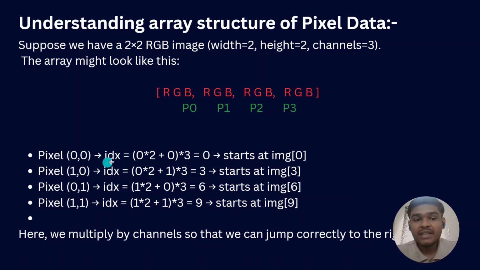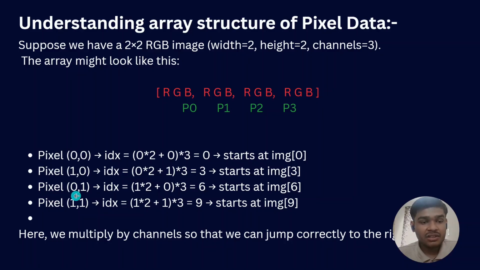Now pixel 0 has the address 0 into 2 plus 0 into 3, which starts the image at 0. Then the pixel at position 1 comma 0 will have the address 0 into 2 plus 1, times 3, which equals 3, giving position 3 in the array.